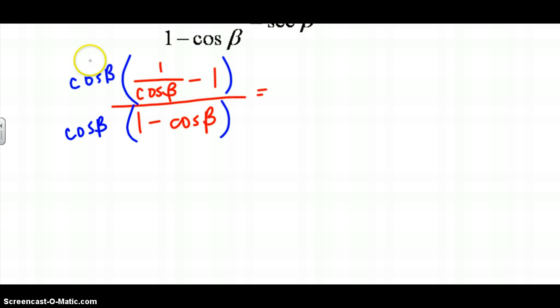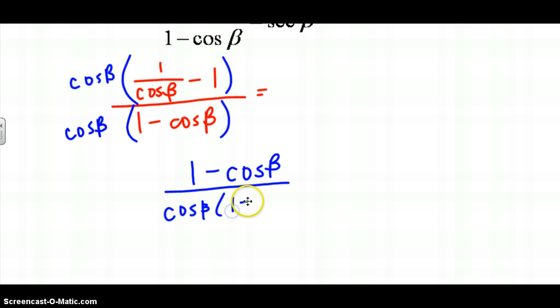Distributing in, cosine of beta times 1 over cosine of beta, those will cancel. Cosine will distribute here, so this will become a minus cosine. On the bottom, I'm going to leave this just as cosine of beta and 1 minus cosine of beta.